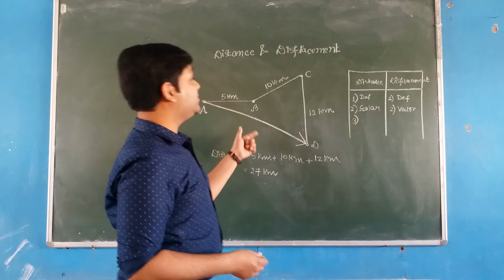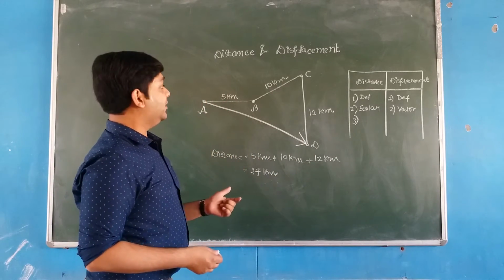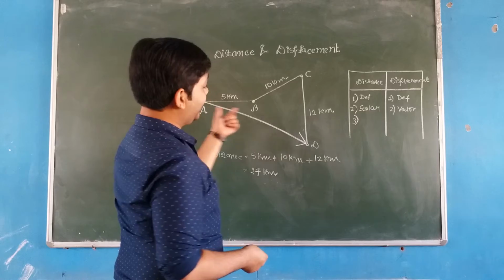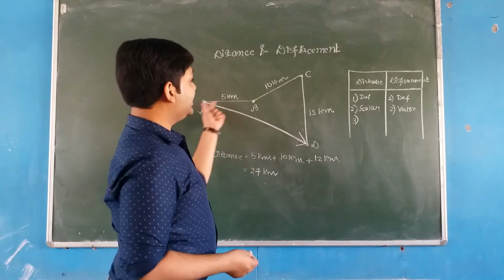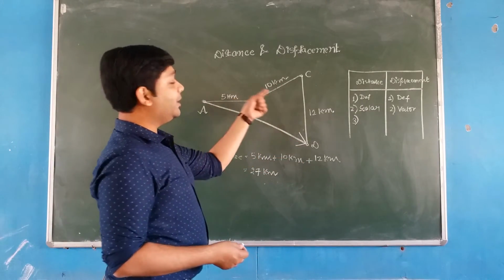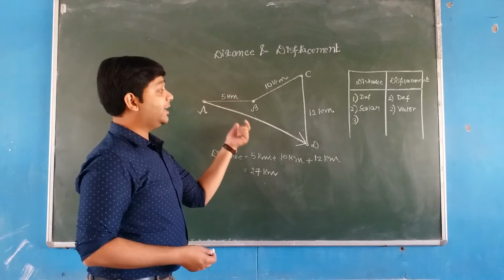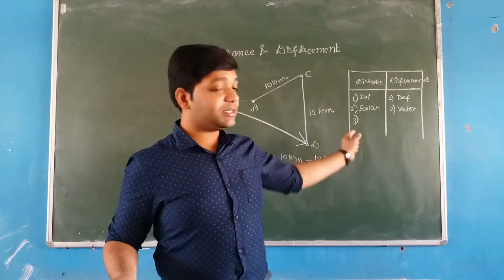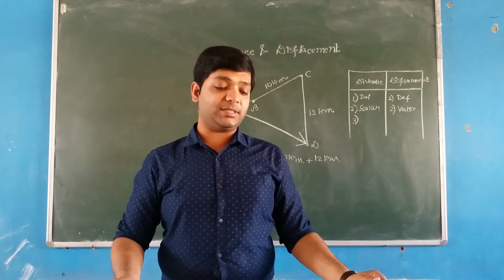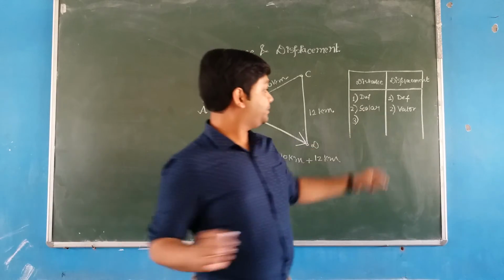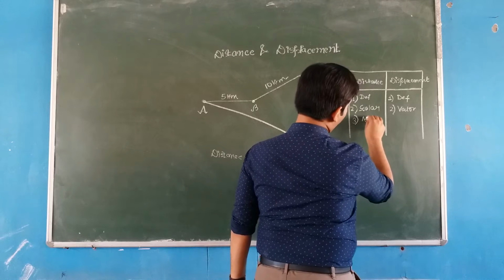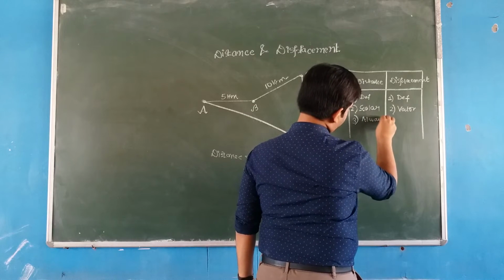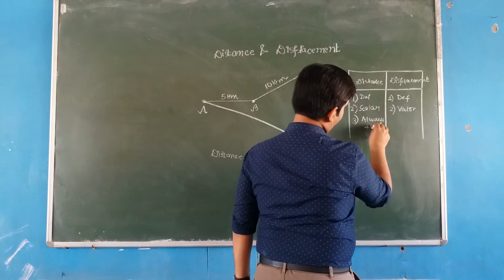It will always be a positive quantity, right? If you are traveling from point A to point D, then distance cannot be zero or negative. So distance traveled is always positive. And now, let me write here, always positive.